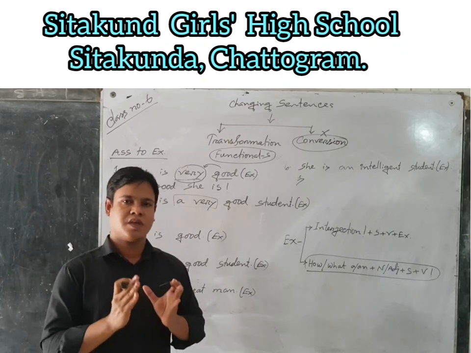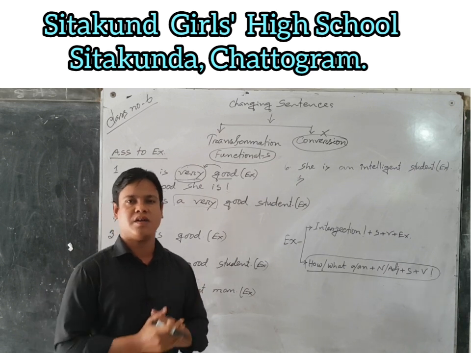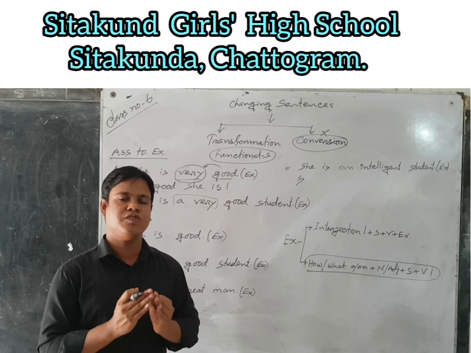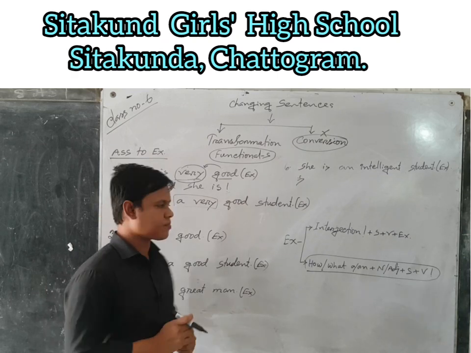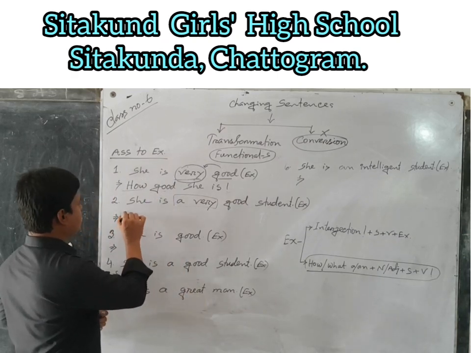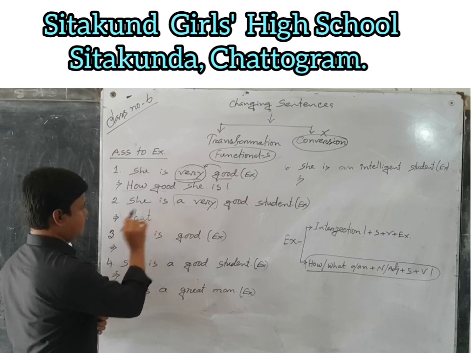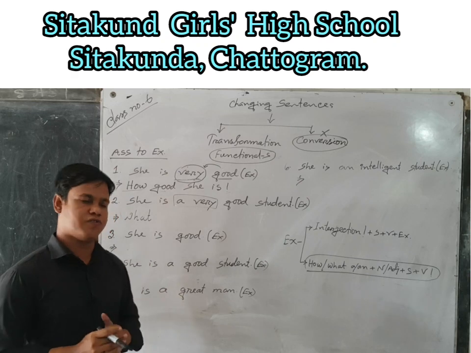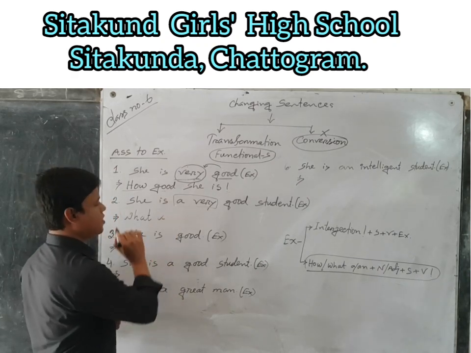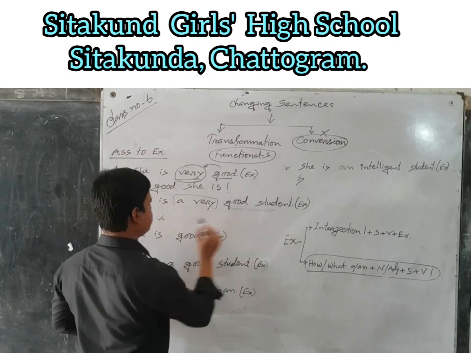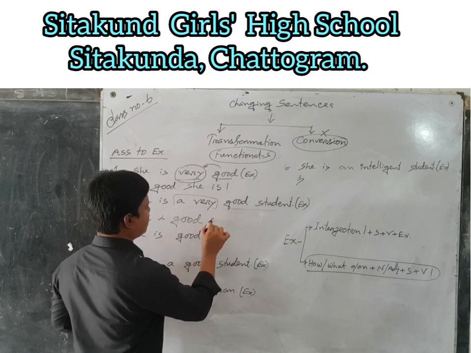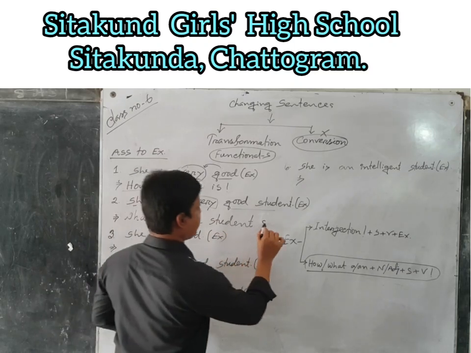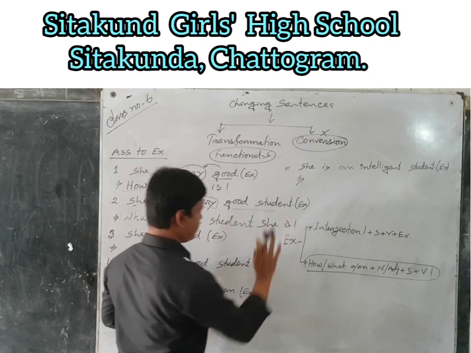Dear students, in the next sentence there is also very, but a very with an article. If there is very with an article, then we cannot use how. We have to use what here, and what will take the article also. What a good student she is.